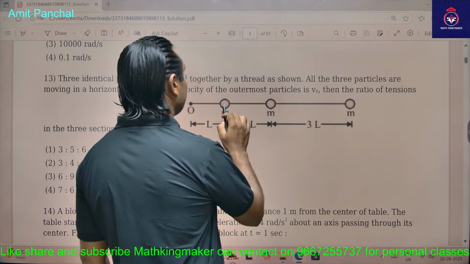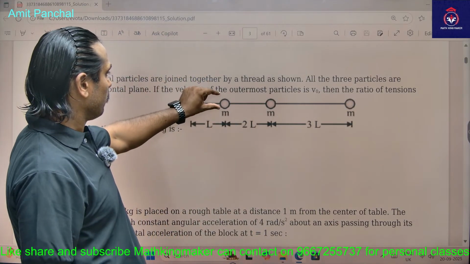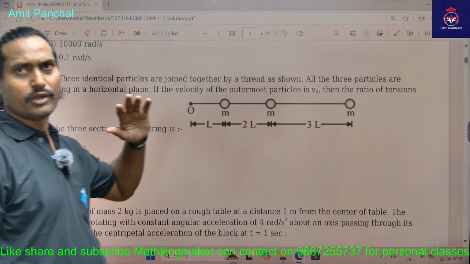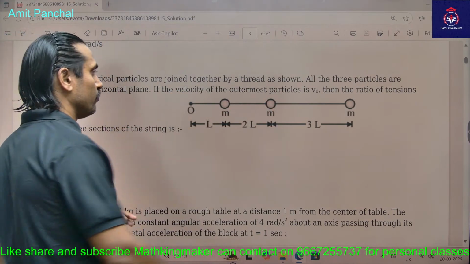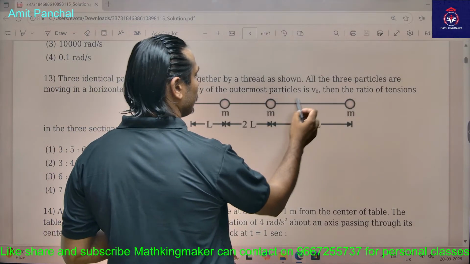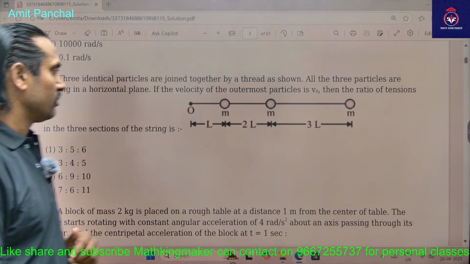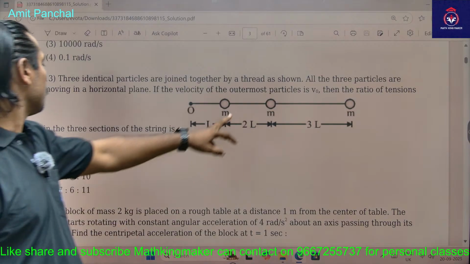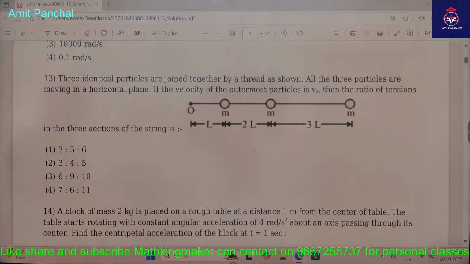If they all are moving, then tension in this string will be cancelling each other. And in this one, it will also cancel itself.